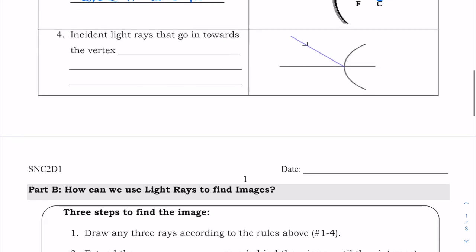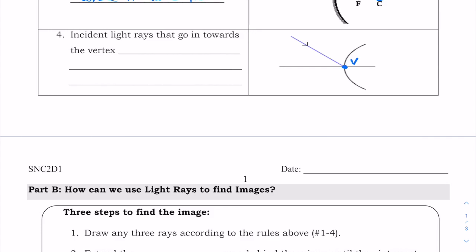And finally, for rule number 4, an incident ray of light that goes in towards the vertex. Remember, that's the point where the principal axis meets the mirror. I'll just label it with a V in the picture.